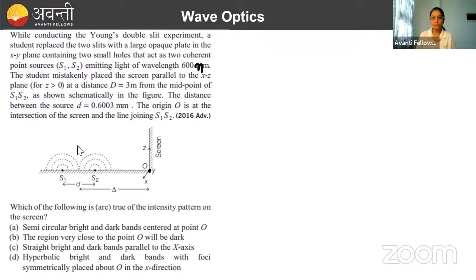Okay, done. I'm giving you 3 or 3.5 minutes for this question. Read the question properly, that will take you 1 or 1.5 minutes, and then do it. Do this question first, then we will move ahead with other topics. It is just a revision of what you have studied in wave optics.